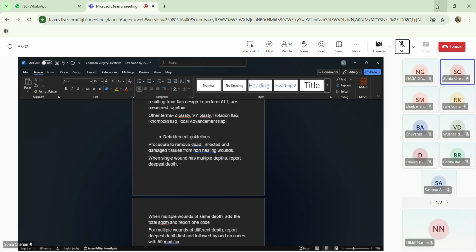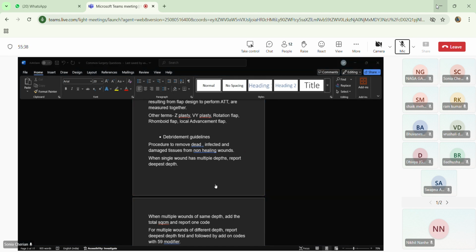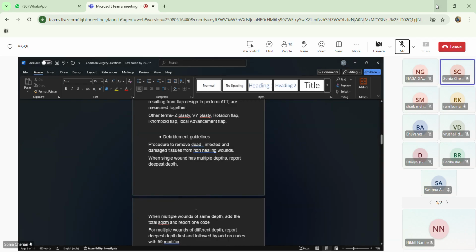So here our deepest depth is the bone. So the deepest depth you need to report if the single wound has multiple depths.